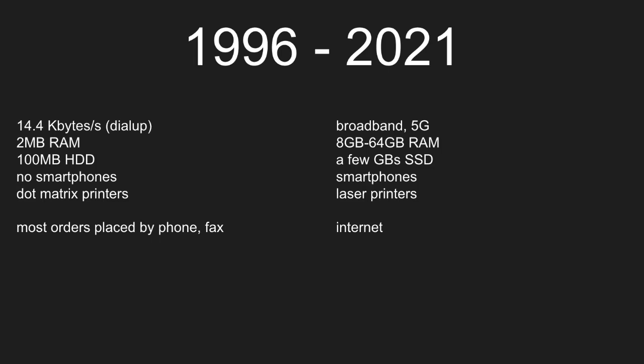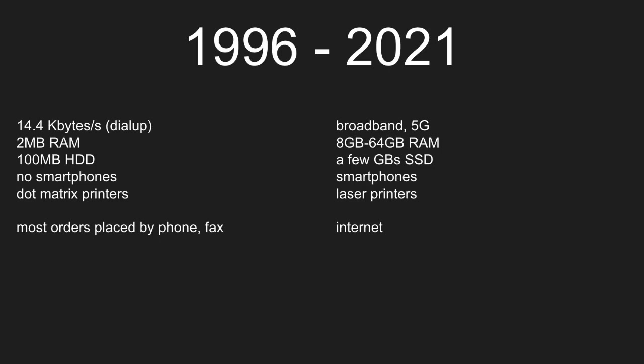You have huge hard disks that are very fast, manufactured using SSDs. We have smartphones. We have laser printers. Back in 1996, if you said you were using a laser printer at home, that would be really rare. But nowadays anybody can have access to a laser printer.